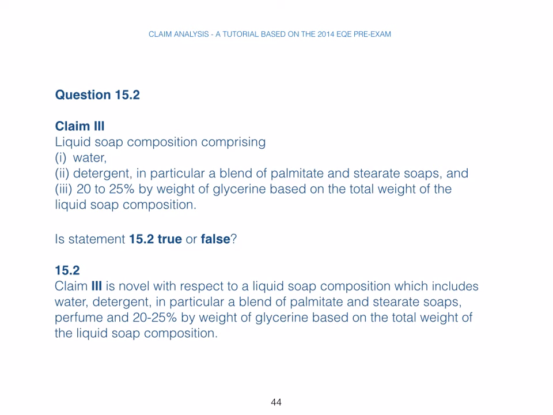So now statement 15.2, always relating to claim 3, is: claim 3 is novel with respect to a liquid soap composition which includes water, detergent, in particular a blend of palmitate and stearate soaps, perfume, and 20 to 25% by weight of glycerine based on the total weight of the liquid soap composition.